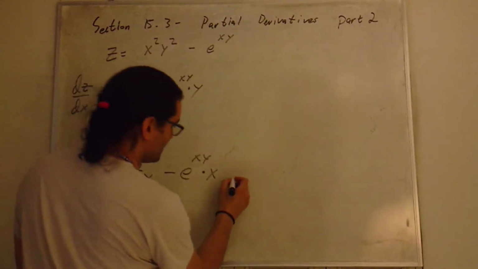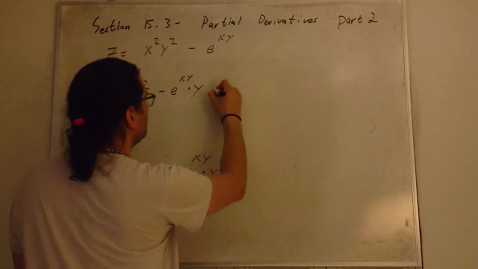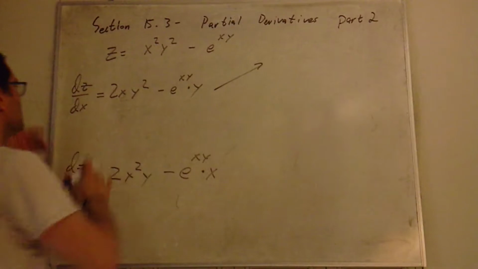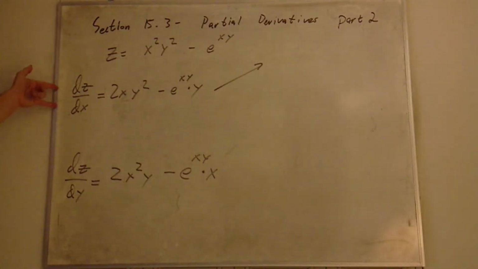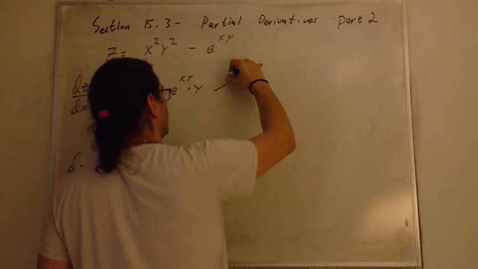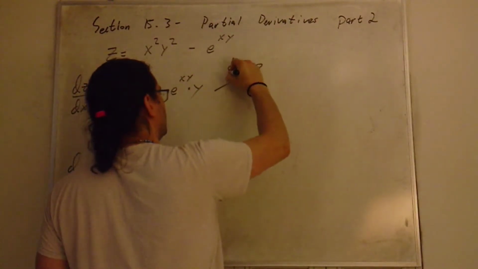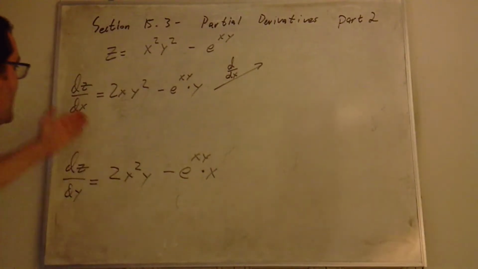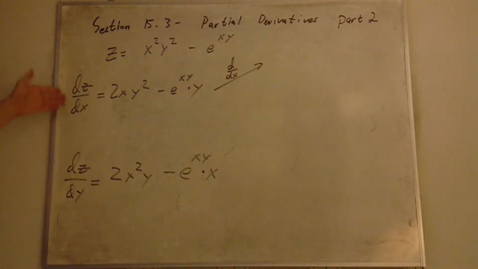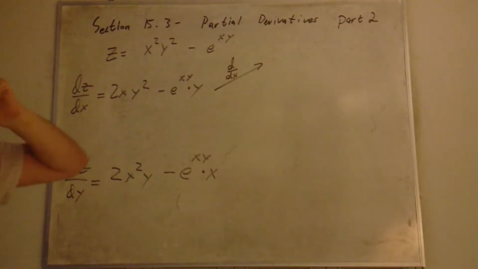Based on this, I'm going to start with this partial with respect to x. I'm going to take a second derivative of this with respect to x the second time.